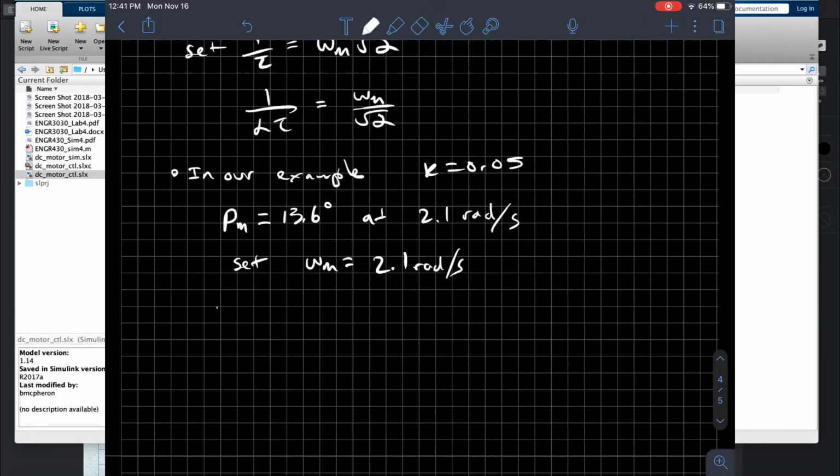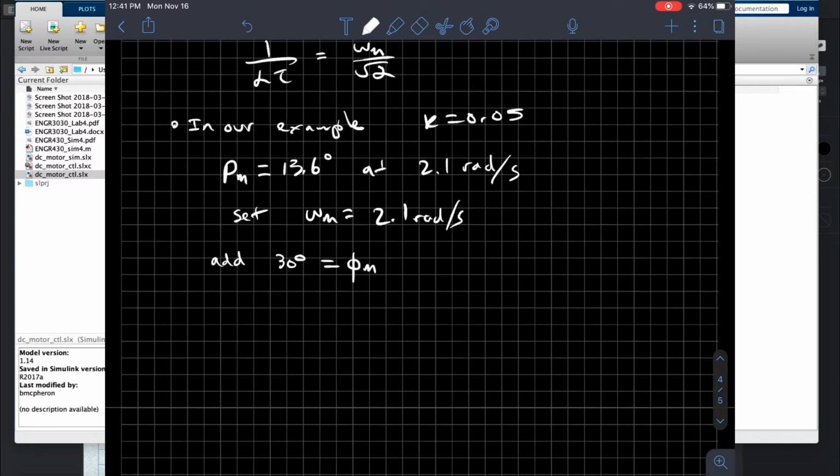So what I want to do is set omega m to be that 2.1 radians per second, and then I'll add extra phase. For now, let's just try to add enough phase to guarantee the phase margin is bigger than 30 degrees. Right now it's 13 degrees. If I choose 30 degrees equal to phi m, then alpha is 1 minus the sine of 30 degrees over 1 plus the sine of 30 degrees, and that's equal to 0.33.